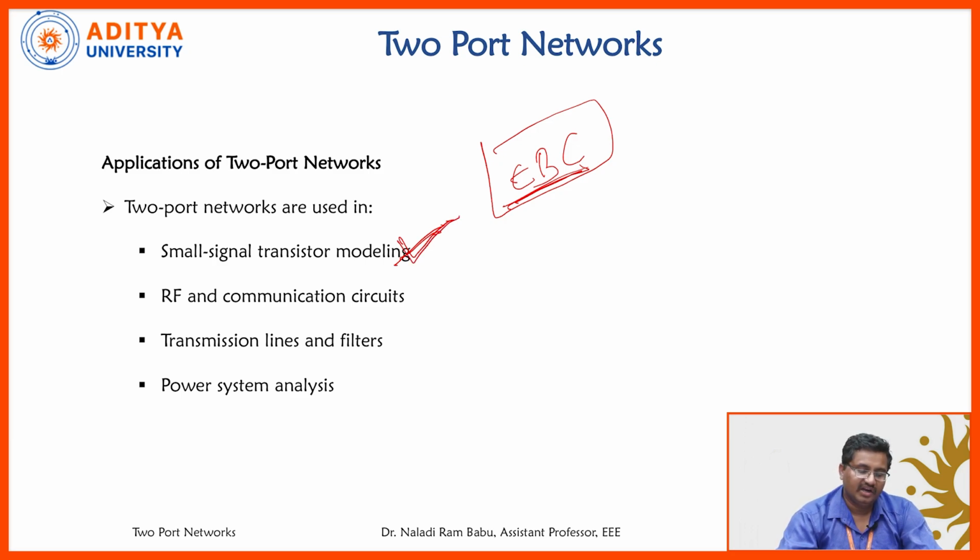The next one is radio frequency and communication circuits, where it is also very helpful. The third one is transmission lines and filters. Here, in the transmission line parameters, we will be using this kind of two-port network. The next one is power system analysis. In order to determine the efficiency or regulation of a transmission line, we will be using these two-port networks.